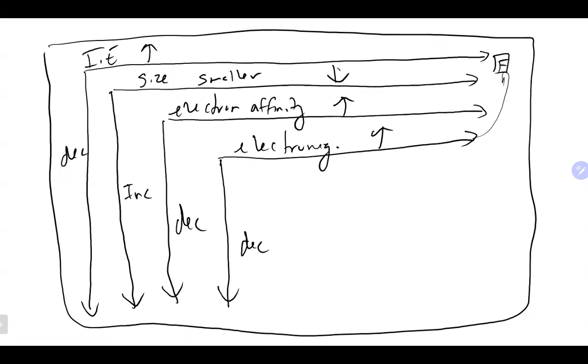So let's talk about what all these trends have in common. As we go up and to the right on the periodic table, the size of the atom is smaller, which means the outer electrons are closer to the nucleus, which means they're going to be held tighter, which means it takes a lot more energy, higher ionization energy, to remove an electron. Really doesn't happen. They also have very high electron affinity because they like electrons.